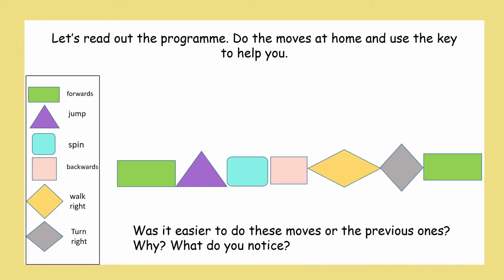So let's have a look at our shapes. So you have got this program which is made up of a series of shapes which each represents a different move, just like before. Do the moves and see how you get on.